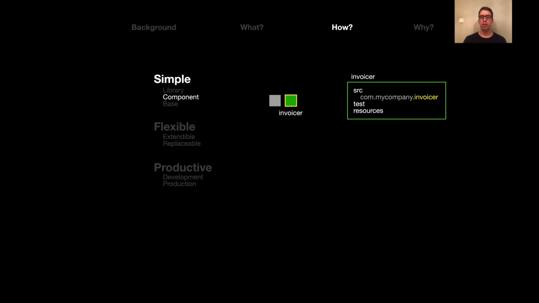So what is a Polylith interface? A Polylith interface is a namespace with the name interface that contains all the functions that this component exposes to other components. And we also have one or several namespaces that implement the functionality.